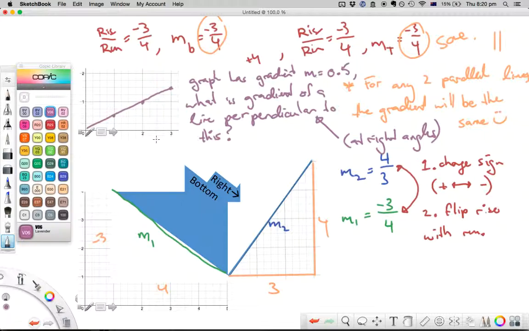Well, we know from what we've just done that if this one tells us across 1, up 0.5, our new formula is going to say across 0.5, down 0.5, which is the same as saying up negative 0.5.